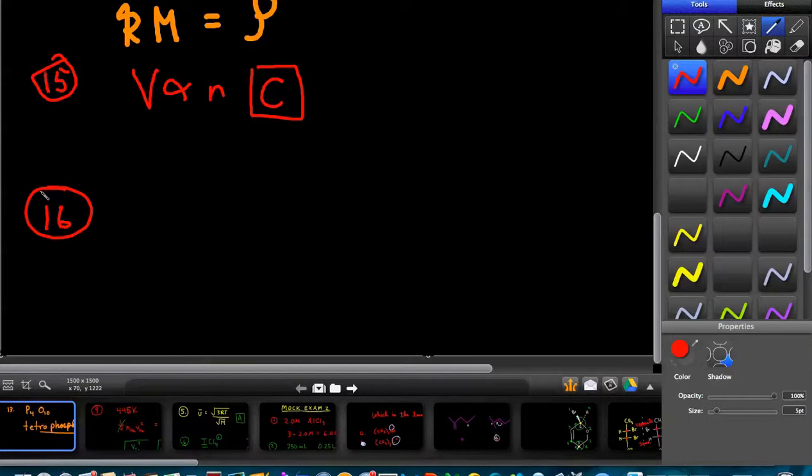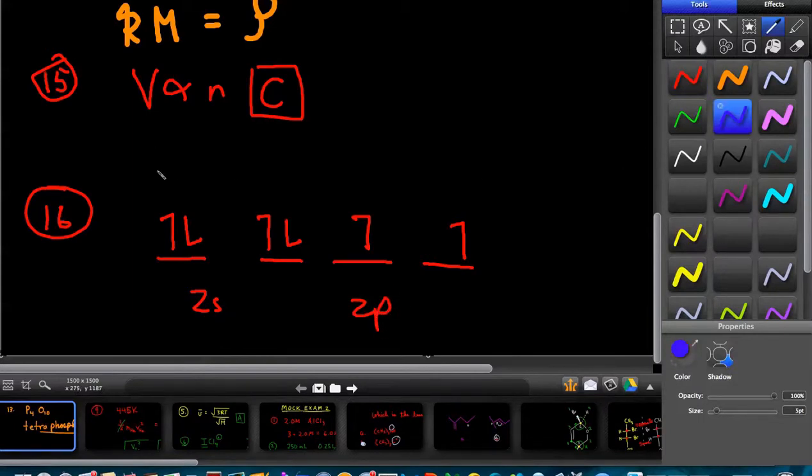The best Lewis structure for nitrogen monoxide. If we do the ODEC for this, first we'll do oxygen, where I have the 2s and the 2p.